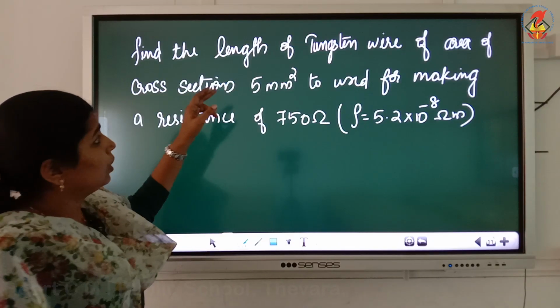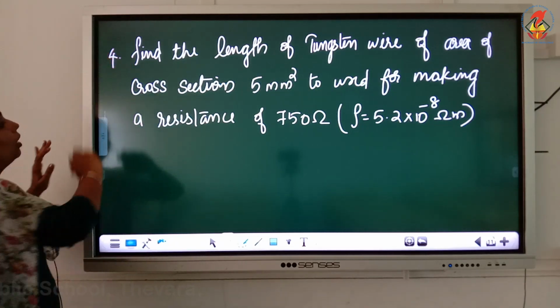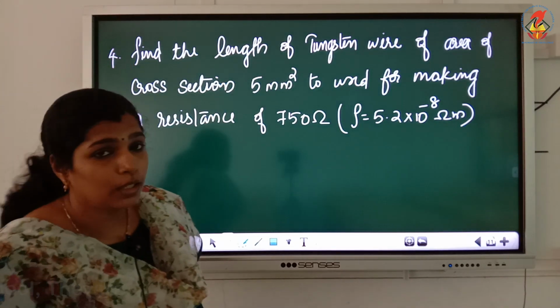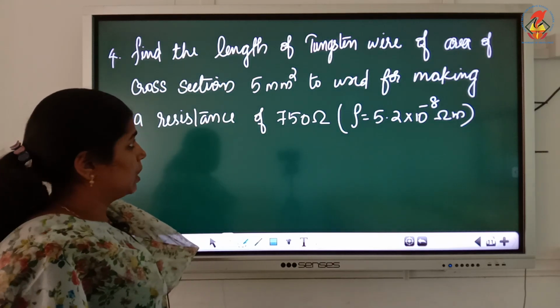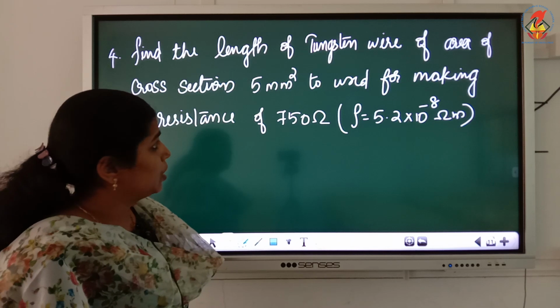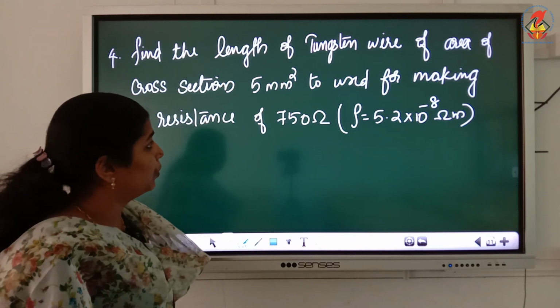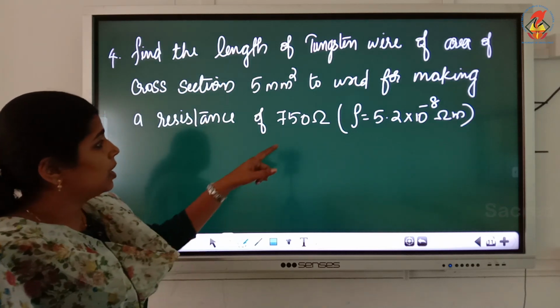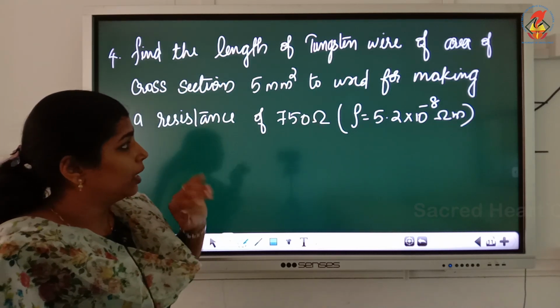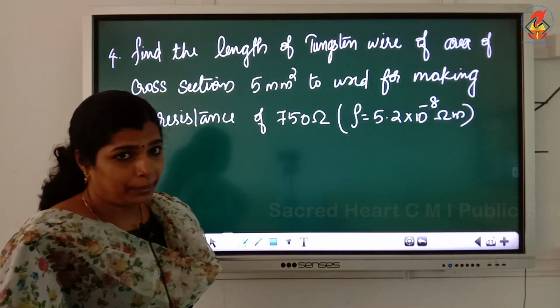Find the length of the tungsten wire of area of cross section 5 millimeter square that is used for making a resistance of 750 ohm. Resistivity of the tungsten is 5.2 into 10 raised to minus 8 ohm meter.